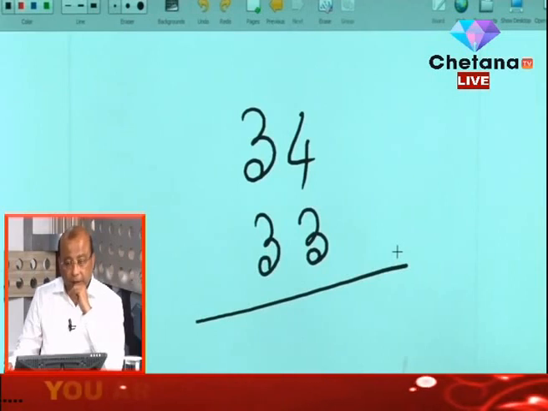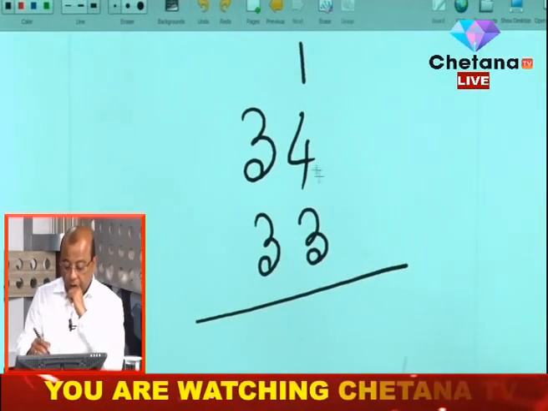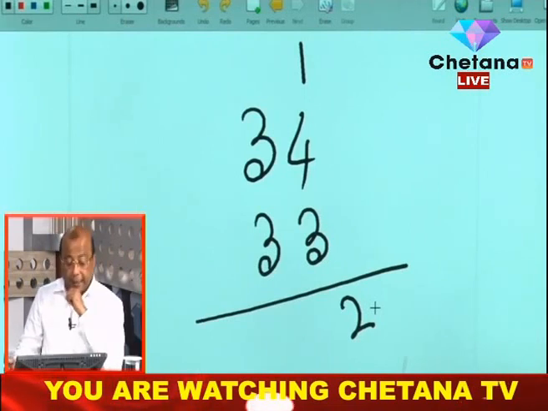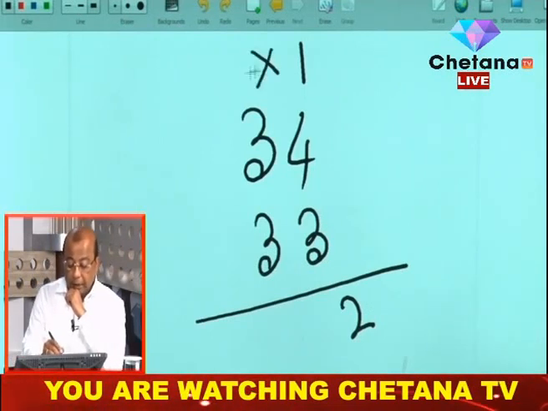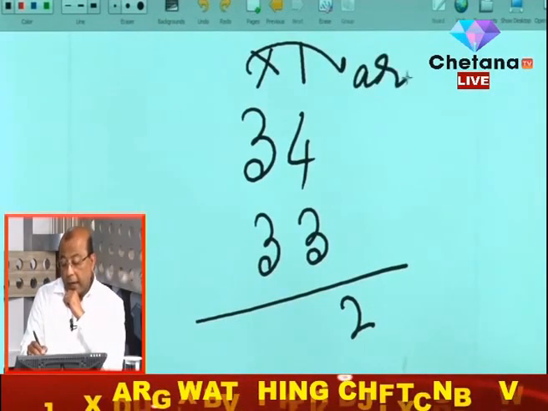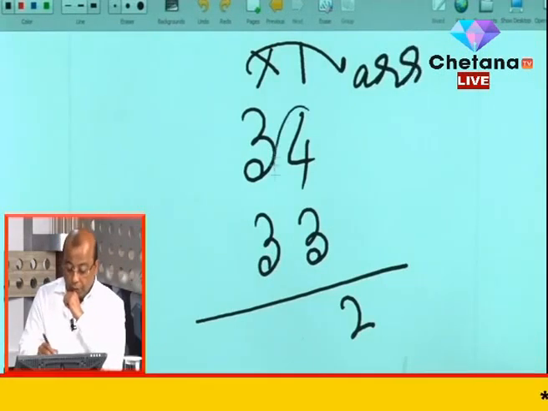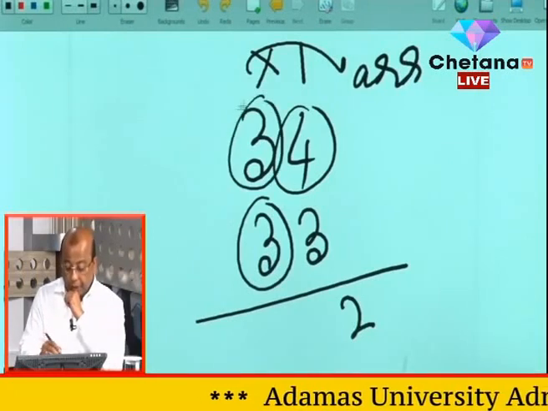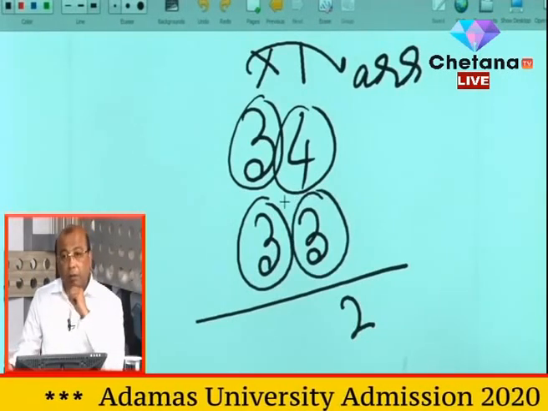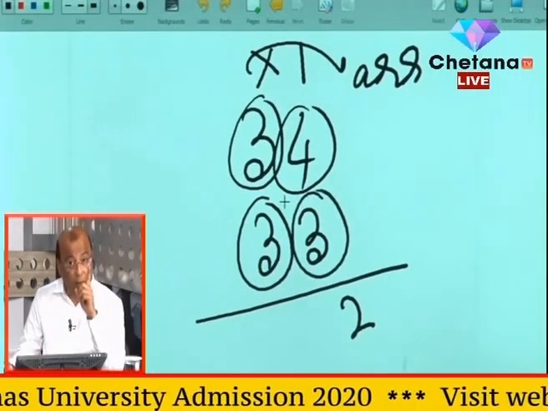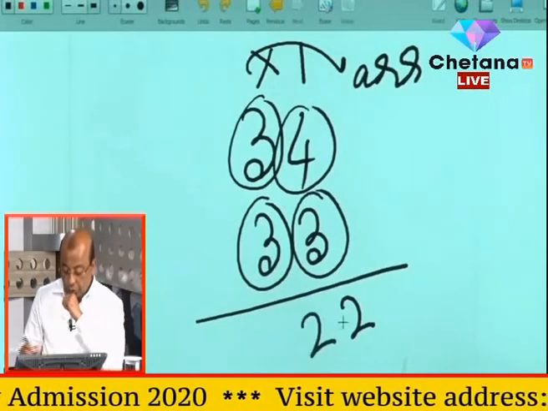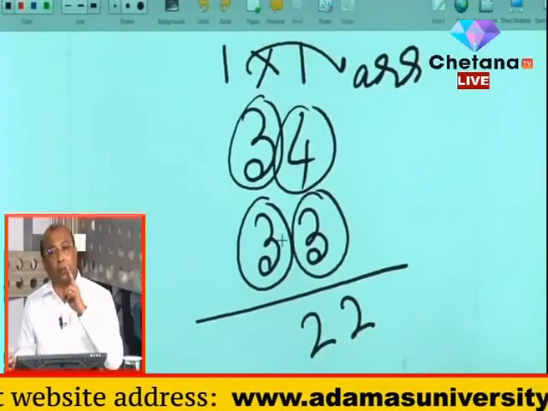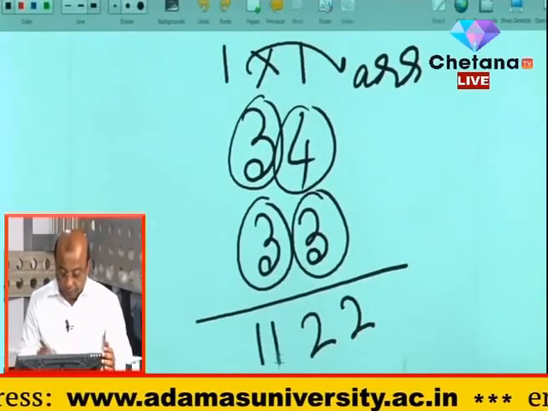We consider the first column, that is straight: 3 into 4, 12, 1 in hand. For the second column, my symbol will be cross, that is multiplication diagonally and add: 4 into 3, 12, 3 into 3, 9. 12 plus 9, 21, plus 1, 22. 2 in hand. Again straight: 3 into 3, 9, plus 2, that is 11.